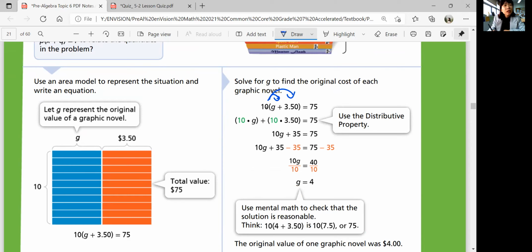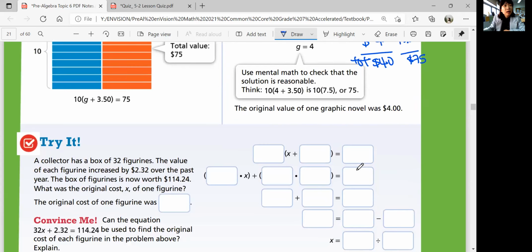So originally, it cost $4 per graphic novel. So in total, 10 graphic novels would be worth $40. But it increased the value by 3.5 each for the couple of years. And so now in total, it's worth $75.